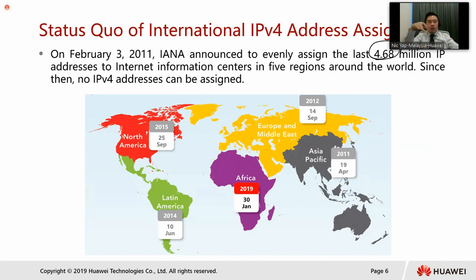Those were the years they were assigned: 2015, 14, 12, and 11. It means that right now, the IANA database has no extra IPv4 addresses left to assign. All the addresses have already been allocated to the five regions.